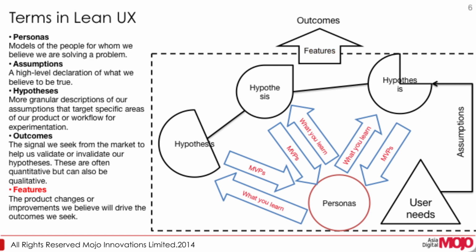And here we need to build different MVPs, like prototypes, to test out our hypothesis, to test whether our guess is right, and then continually integrate the features in order to achieve the outcomes.